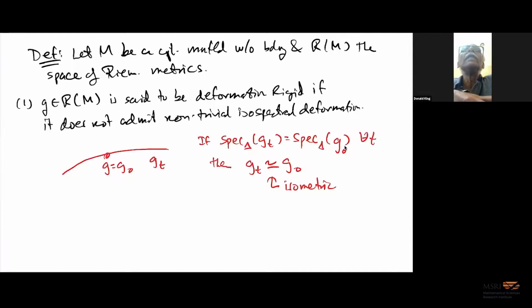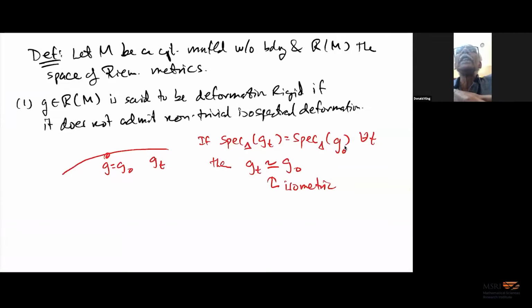So let's take a general compact manifold M without boundary, and try to say something about the space of Riemannian metrics on M. One of the things we can look at is the extent to which the given metric is deformation rigid.